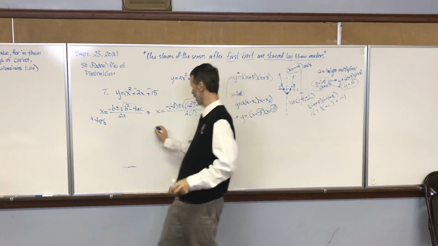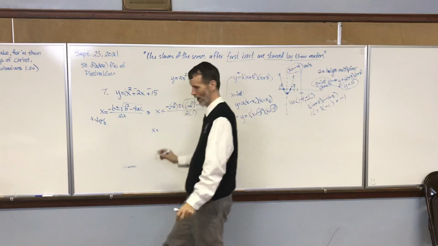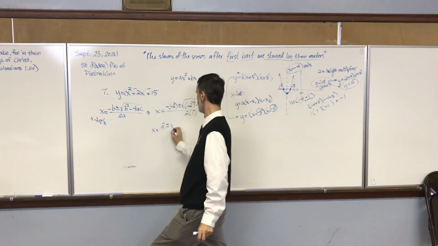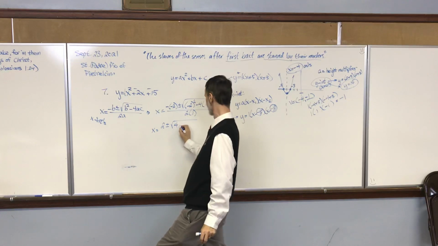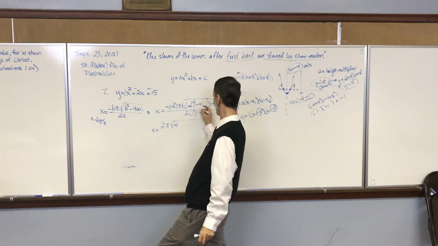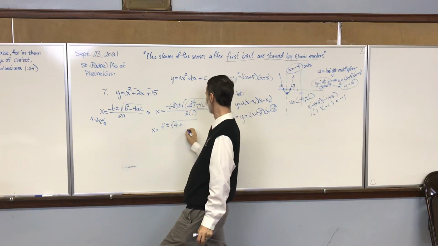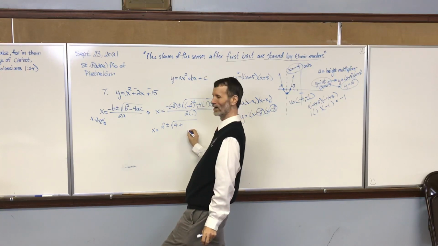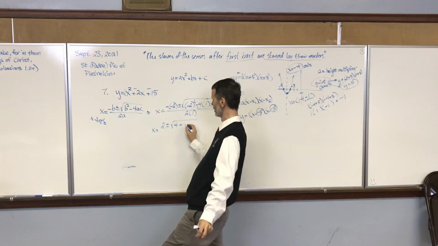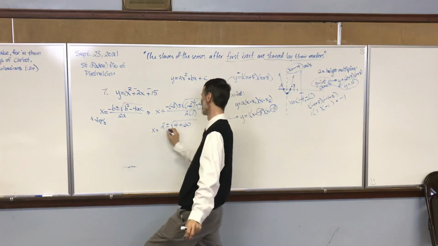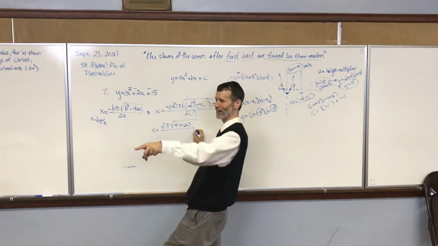Good. Let me see, John, simplify. So we need 2 plus or minus the square root of 4 times... negative 15, so it would be plus 60. And then what?